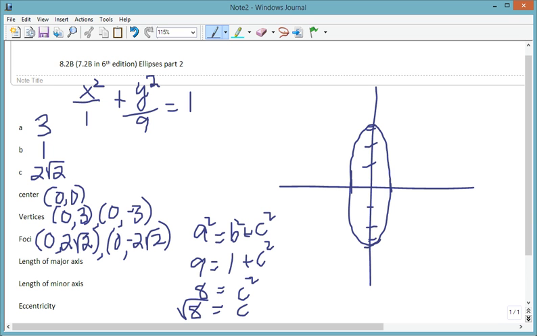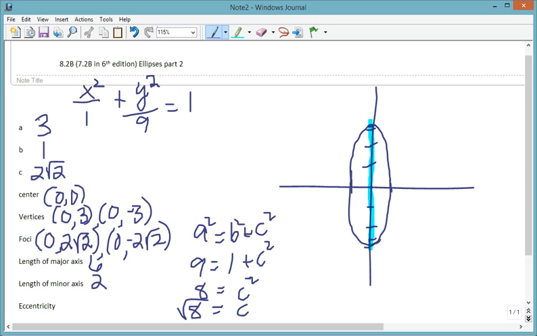All right, the length of the major axis is still going to be 2a, right? We can still see it here with my long axis. So that's going to be 6. And the length of the minor axis is still related to the b, right? So that's going to be 2.